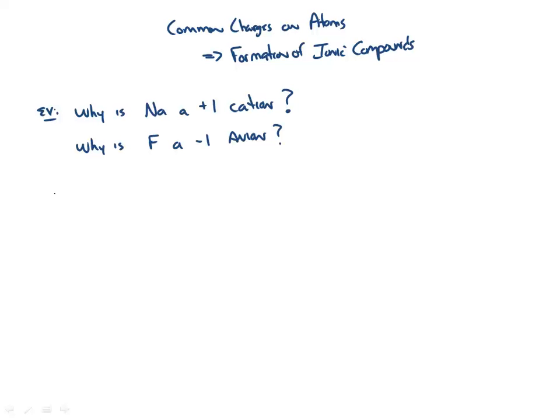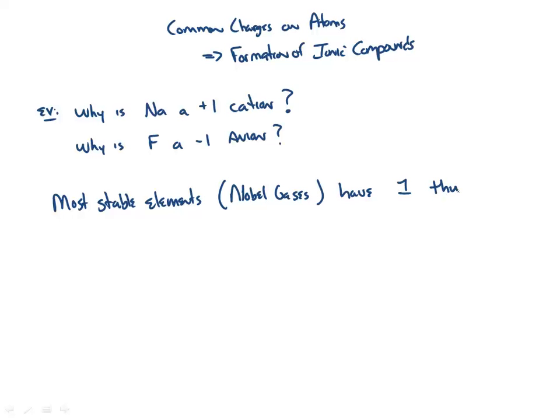And the reasoning behind this is that we find that the most stable elements, that is the noble gases, have one thing in common. That is, they have full electron shells in the s and p orbitals.